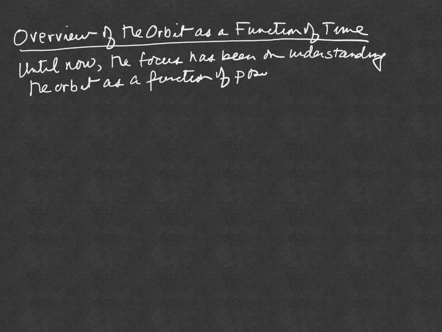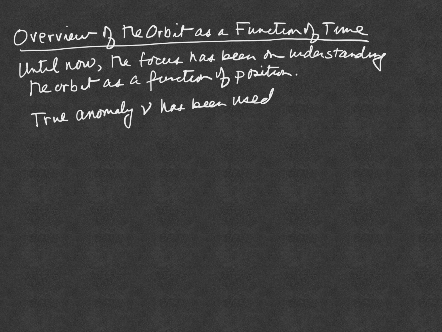Now that position has been provided using the true anomaly. So the true anomaly, nu, has been used to quantify the location of a spacecraft on an orbit.